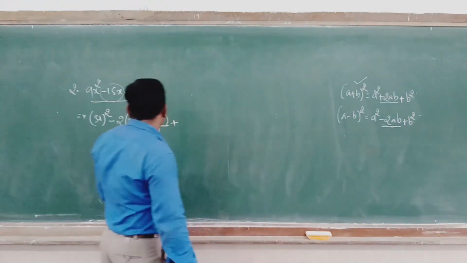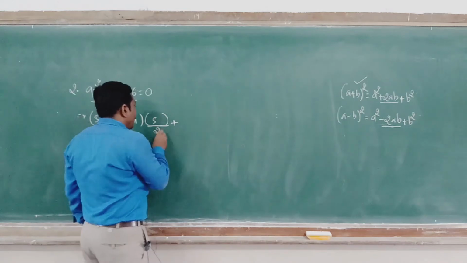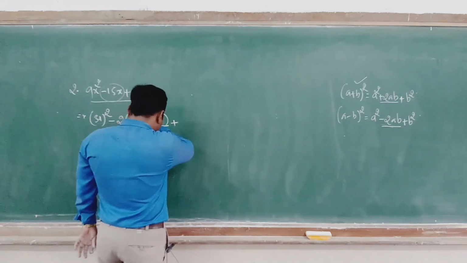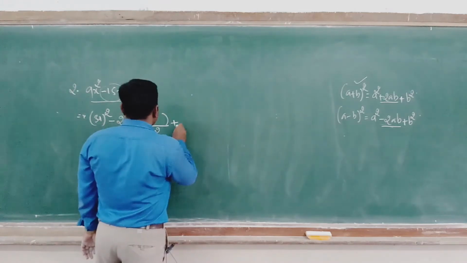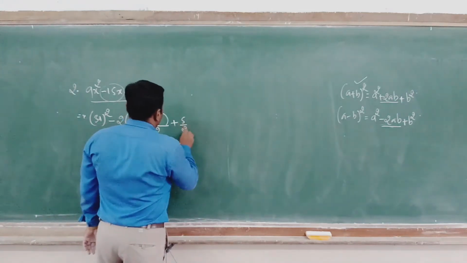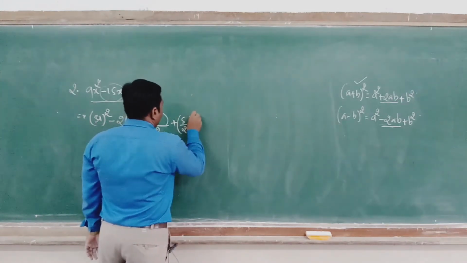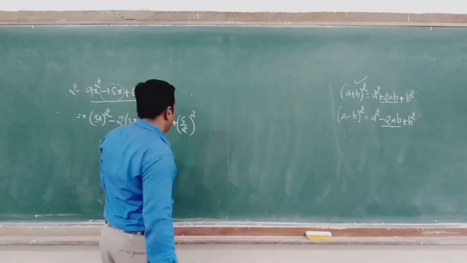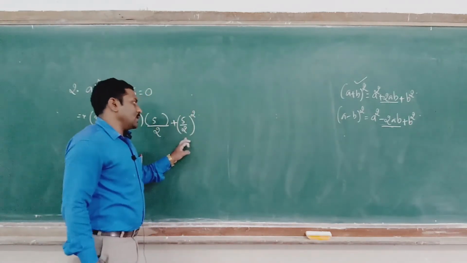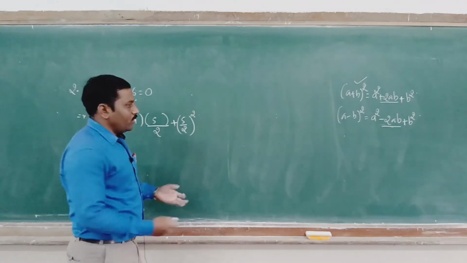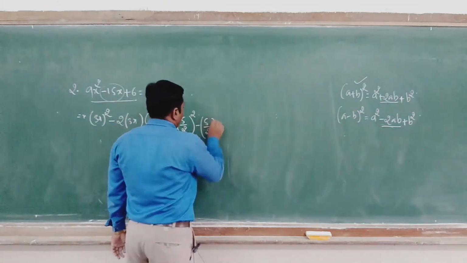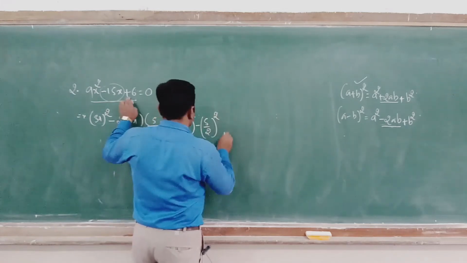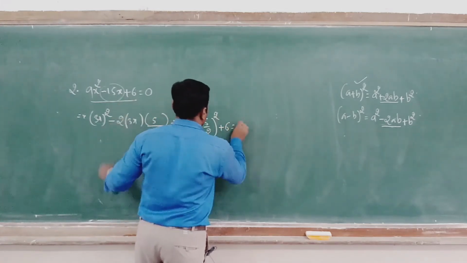What about the value of b square? b square is 5/2 whole square. You write 5/2 and subtract 5/2 whole square, so again one more term, plus 6 is equal to 0.